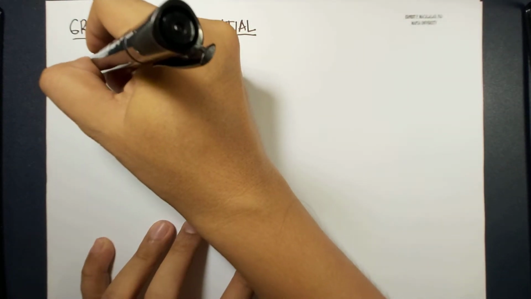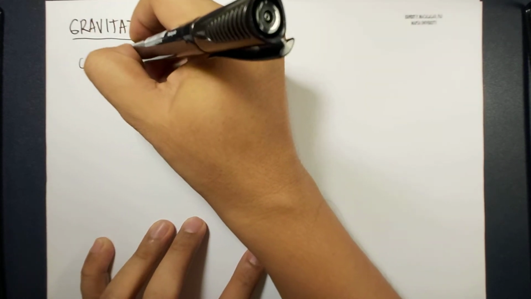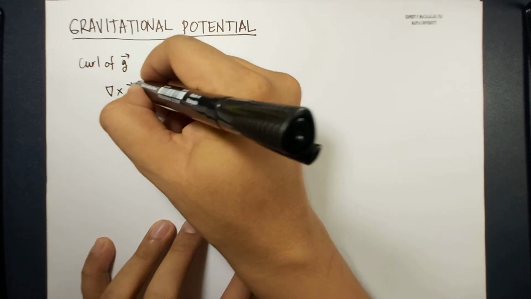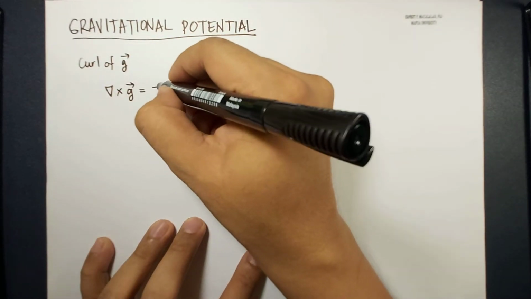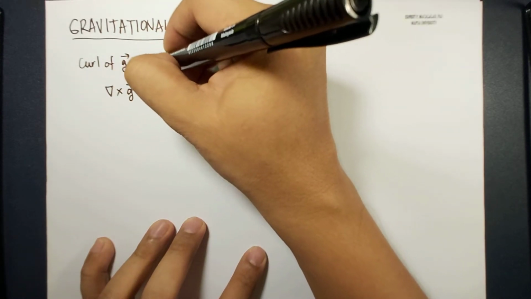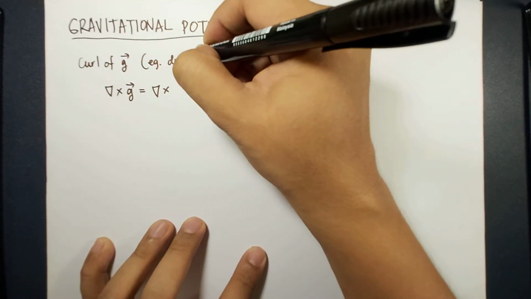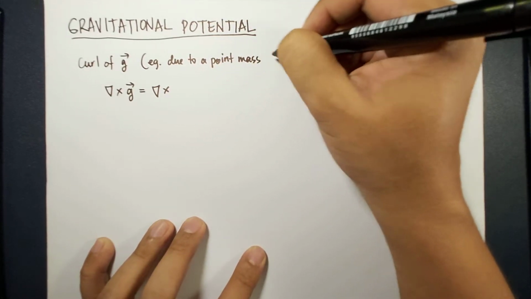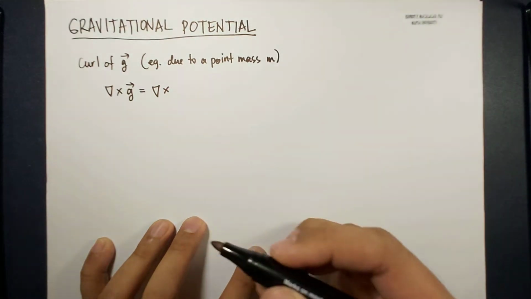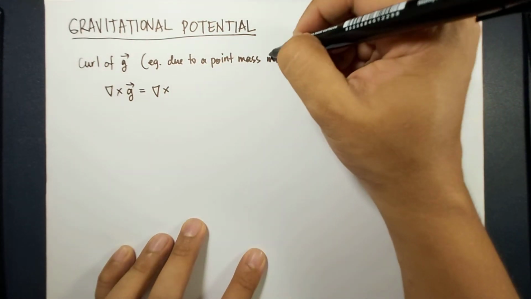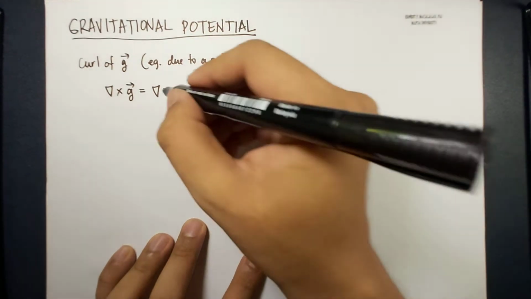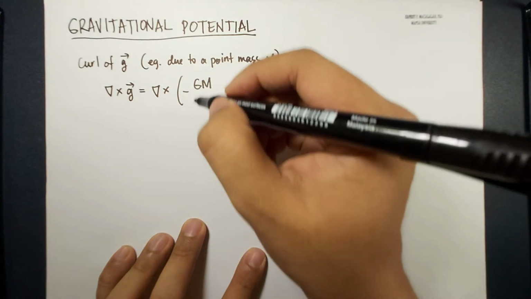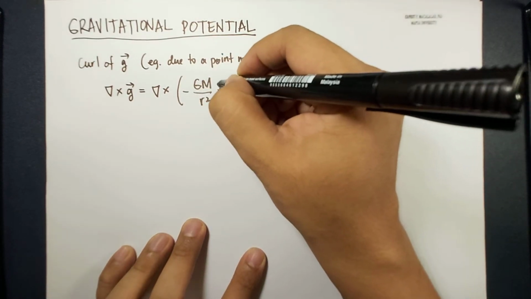So taking the curl of the gravitational field g, we have the curl of, for example, the field due to a point mass with mass capital M. So the curl of this value, GM over r squared r hat.